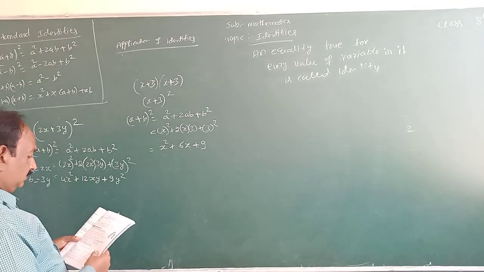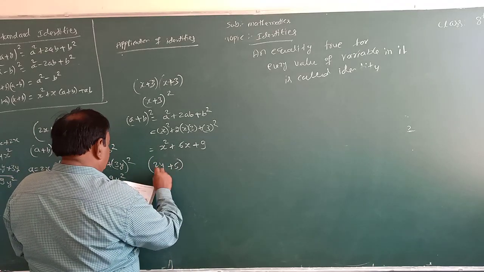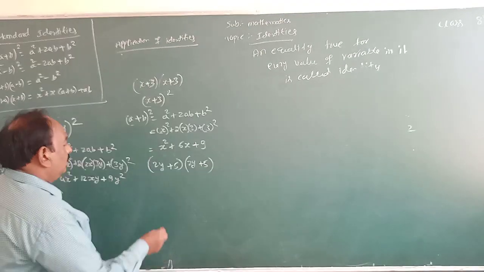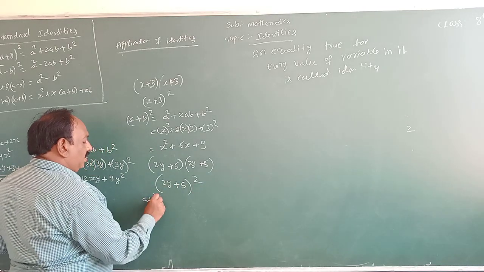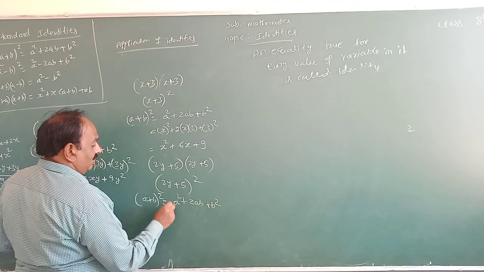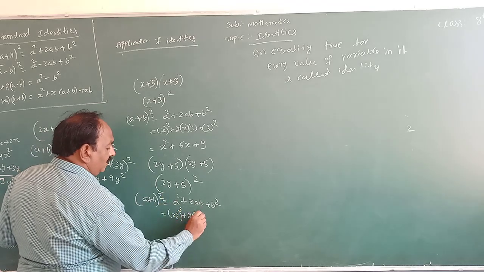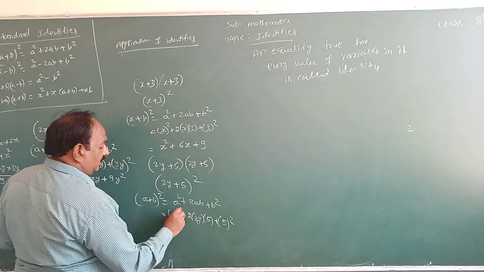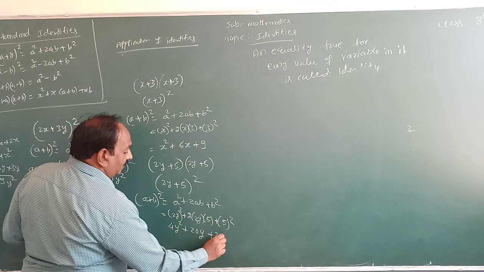Next one is (2y + 5) into (2y + 5). So (2y + 5) whole square, expansion of (a + b) whole square, a square plus 2ab plus b square. a is 2y, b is 5, so (2y) whole square plus 2 into 2y into 5 plus 5 whole square. 2 2s are 4, y into y, y square. 2 2s are 4, 4 5s are 20y. 5 5s are 25.